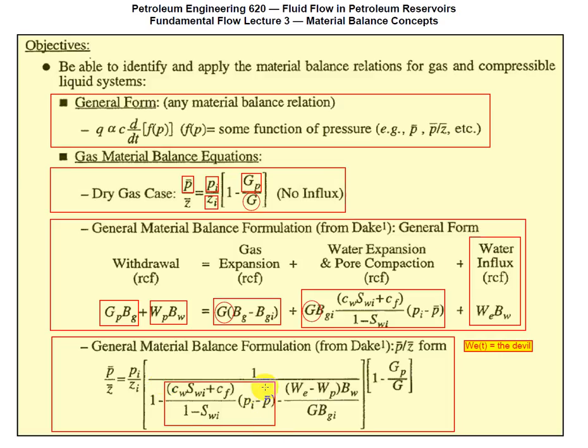If we assume that there's no water influx or water production, then we can ignore that term. And if we ignore these two terms, it takes us back to our good friend up here, the dry gas, no influx case. Now, obviously, all of these assume a dry gas formulation. There's not a compositional system, etc., etc. Just so you know. Everybody okay with that?